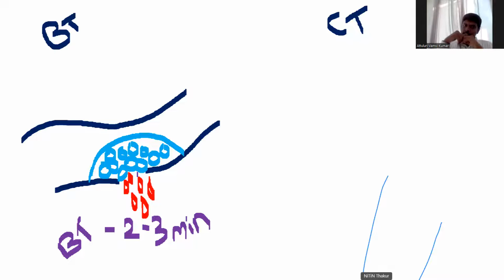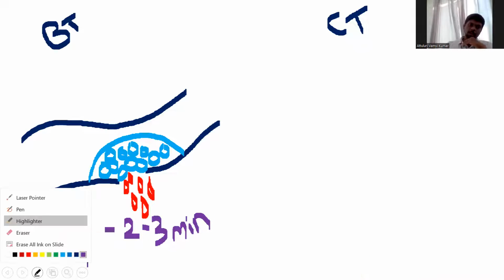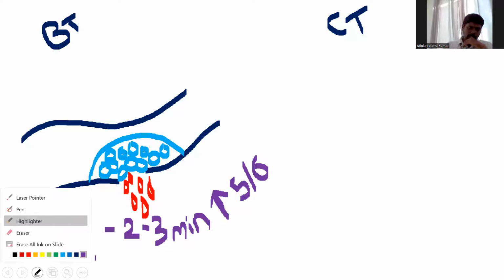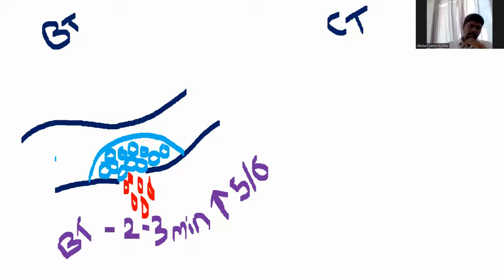In such cases, the bleeding time will drastically increase. When there are fewer platelets, bleeding time will increase beyond 3 minutes. Bleeding time may increase up to 5 to 6 minutes. The reason is a decreased amount of platelets. Fewer platelets will result in increased bleeding time.